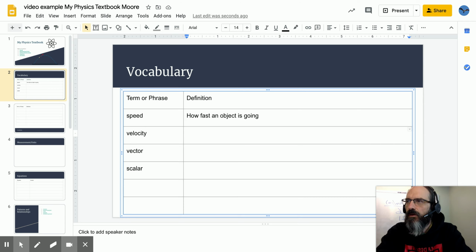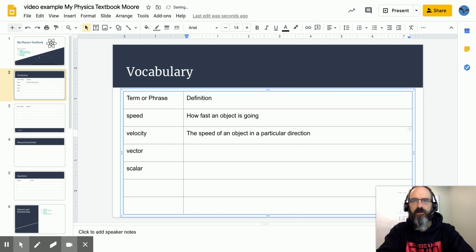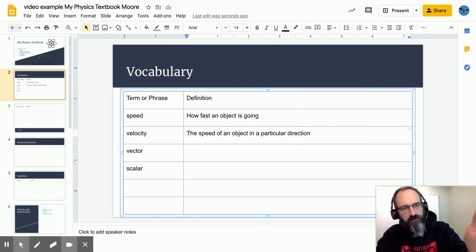So what we might say is the rate at which something changes position in a particular direction, or the speed of an object in a particular direction. So velocity is not just speed, but it needs direction to it. I'm not just going 5 miles an hour, I'm going 5 miles an hour straight up.